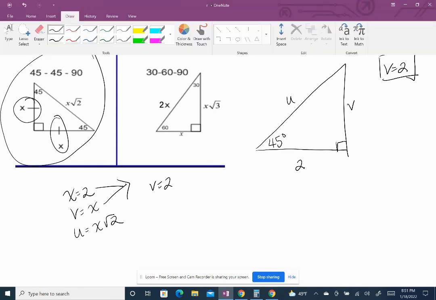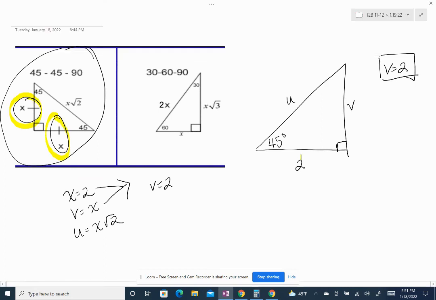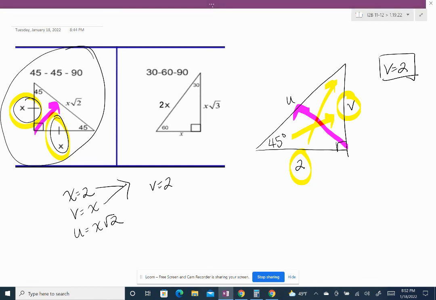And actually, let me do the same thing I did for the last one. If I have my legs here, those come out from my 45-degree angles, and then the hypotenuse comes out from right there, and that's going to be that. Hopefully that's a better visual for you guys to understand what we're looking at on the triangle.